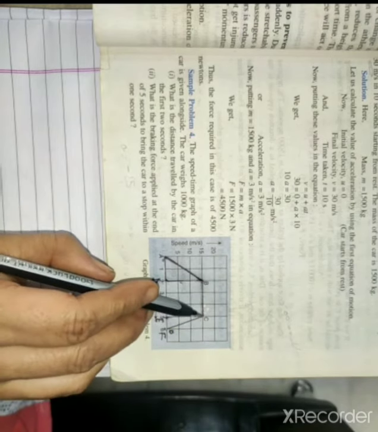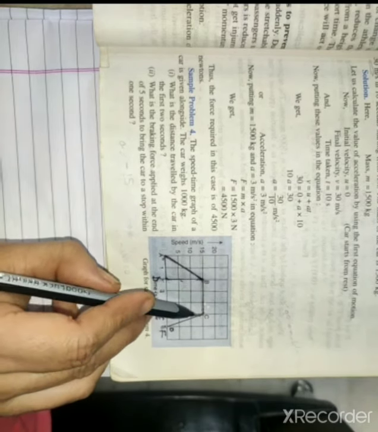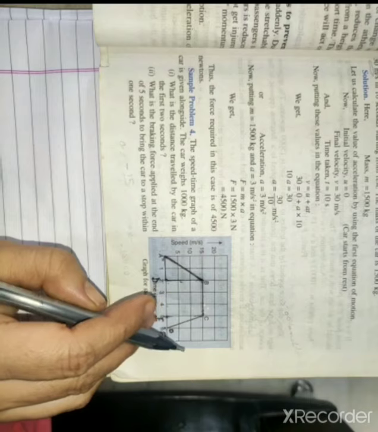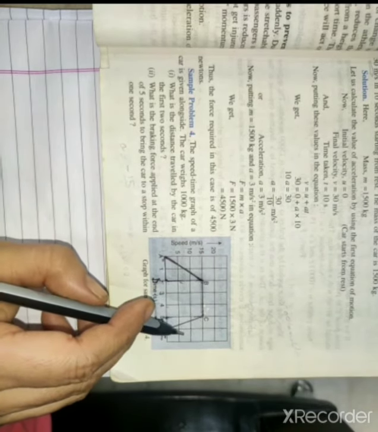Now if we are talking about the graph CF, the speed is decreasing continuously. It is also acceleration, but negative acceleration, which we call retardation.